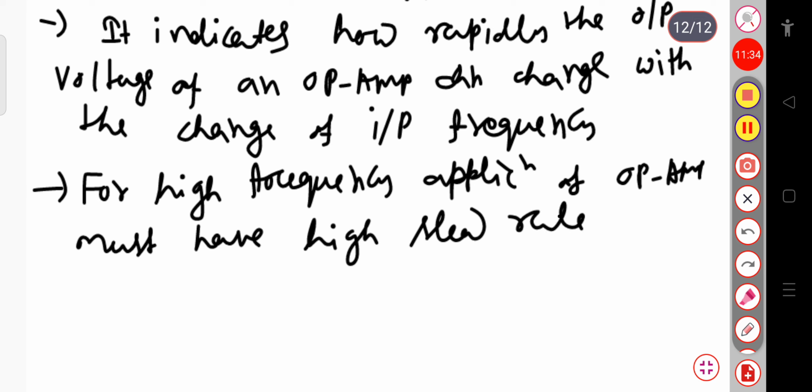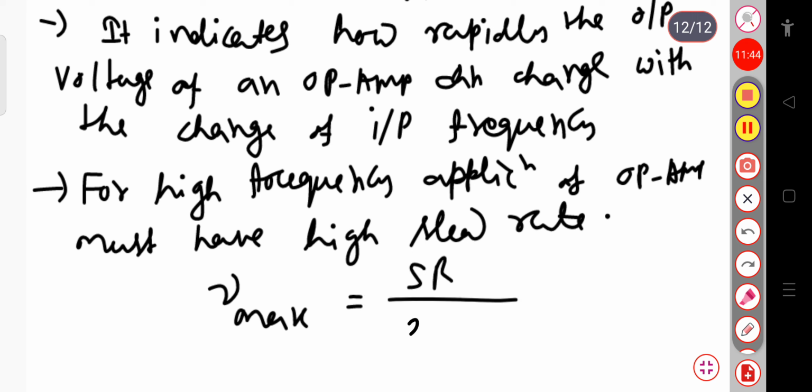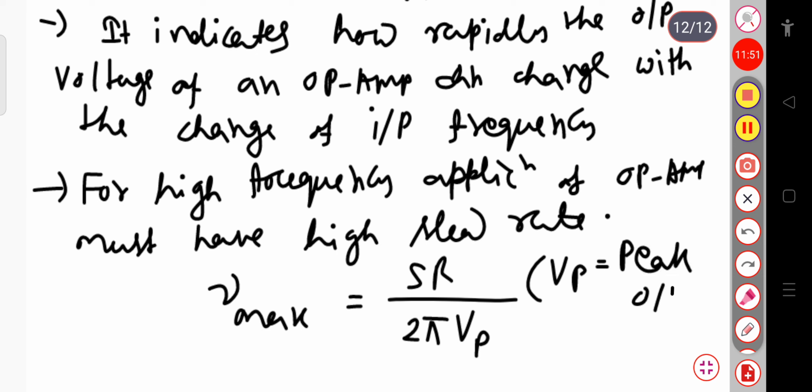If I write nu max, the maximum frequency given at the input, then you will get slew rate divided by 2 pi Vp. Here Vp is nothing but the peak output voltage. So these are the small definitions of the slew rate.